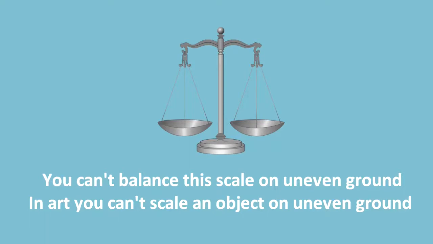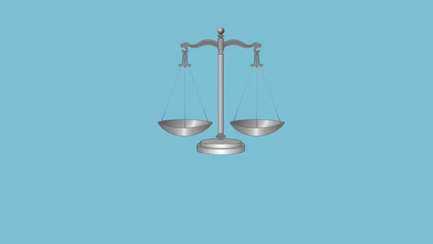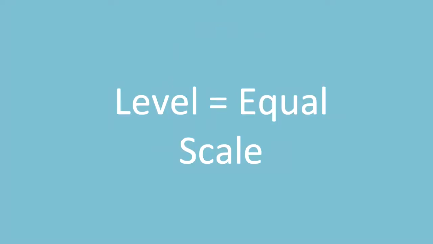In other words, you can only scale something up if it's level, right? So level also means equal. For you to scale something up, it has to be level or equal. Equal when those parallel lines. Level. Two lines that are level, horizontal.